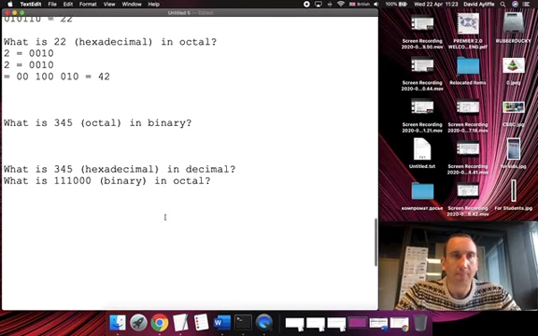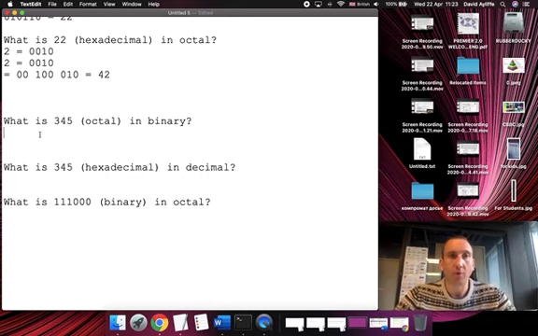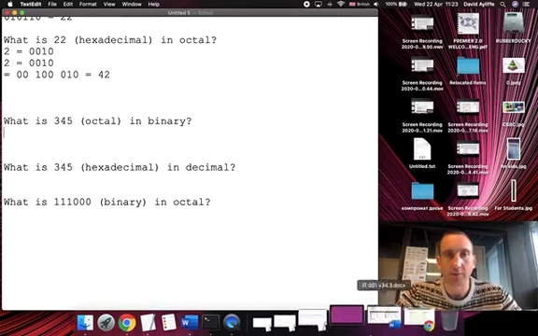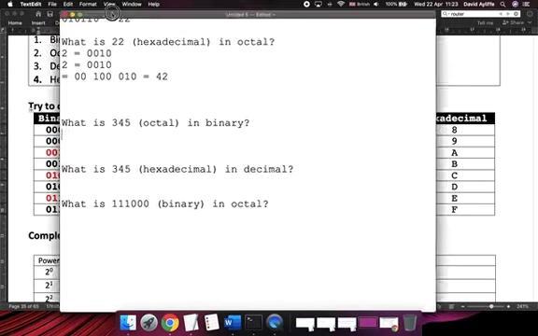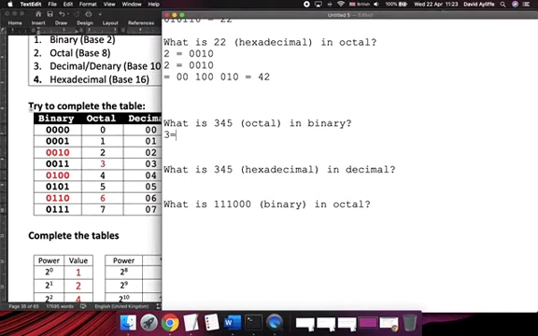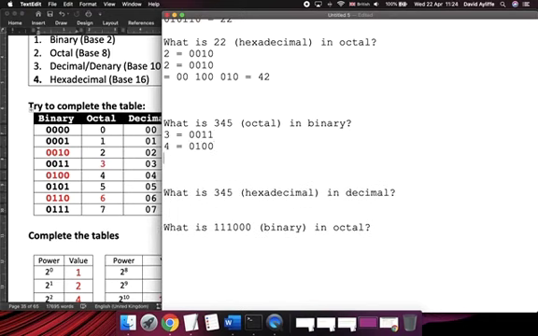Now, 345 octal in binary. Right, so 3 in octal is 0, 0, 1, 1. 4 in octal is 0, 1, 0, 0. And 5 in octal is 0, 1, 0, 1.